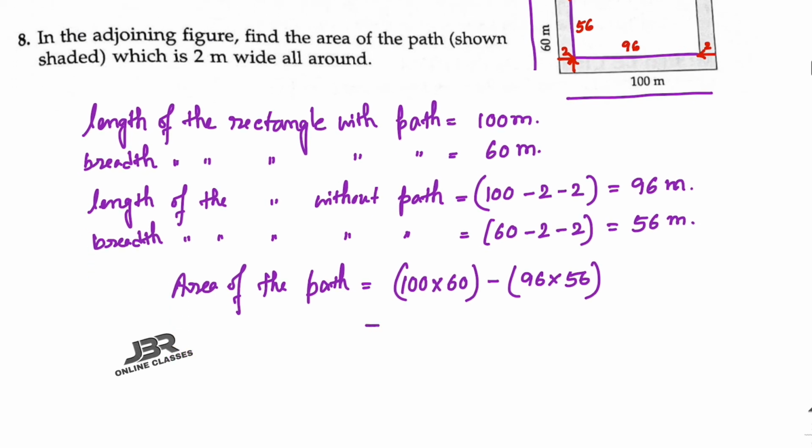So after multiplication it will be 6000 and here 96 into 56, it's 5376. Now subtract it from 6000, that one equal to 624 square meter, that is area. So this is your final answer.